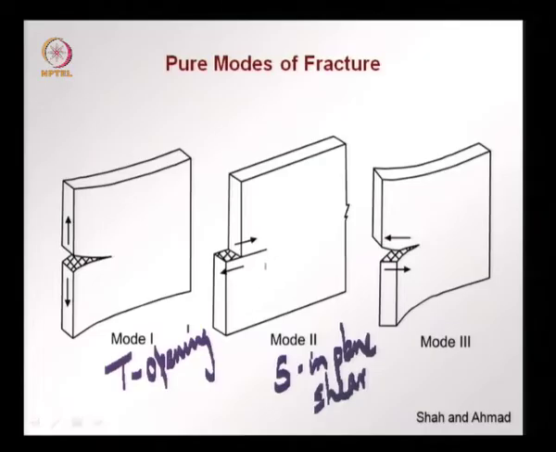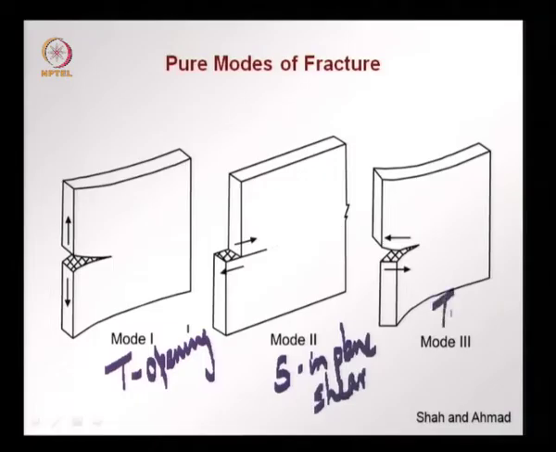One example is what you would have seen in a direct shear test in your soils lab, when you did a test on a rock joint or in soil, where two sides of the material are slipped with respect to each other, which are sheared, and a crack forms here along this shear plane without much opening. So, this is called in plane shear. This has applications in earthquake engineering where there are slipping of joints.